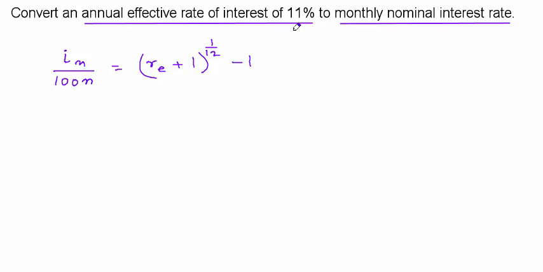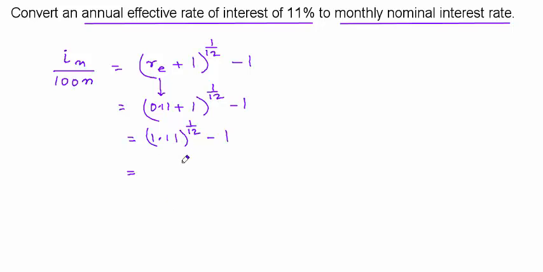Well, RE is given to be 11%. Change that to a decimal. It becomes 0.11 plus 1 raised to the 1 over 12 minus 1, which is equal to 1.11 raised to the 1 over 12. That's the 12th root of 1.11 minus 1. Either you need to use a calculator or the logarithmic tables to find this out. Nobody is going to expect you to do this mentally.